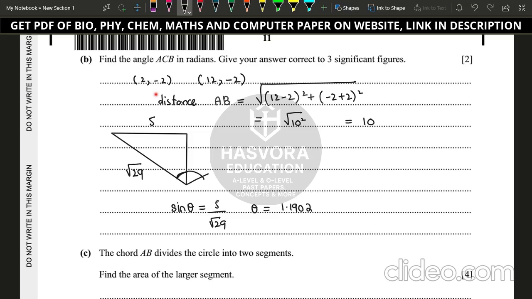This is half of it, so we have to multiply this by 2, and this will give you the angle ACB. It is actually 2.38057, but I am going to write it to three significant figures, so it will be 2.38 radians.